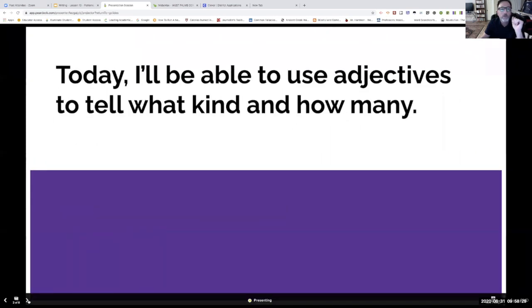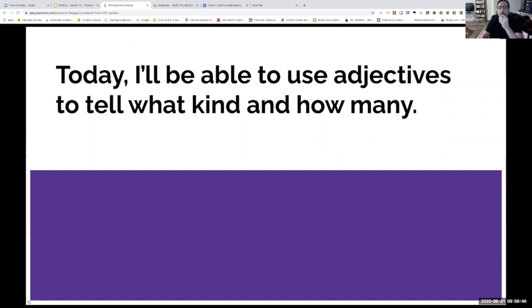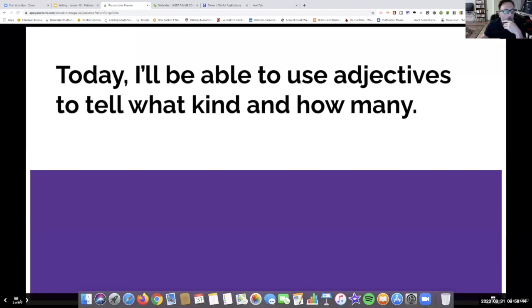By the end of today, I'll be able to use adjectives to tell what kind and how many. Adjectives fulfill a very specific role in our writing. So today we're just going to take a look at one slice of adjectives and how to use them.